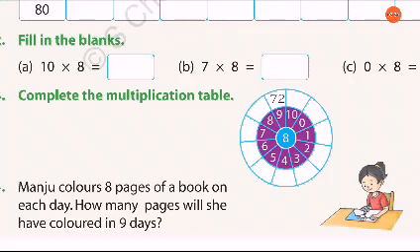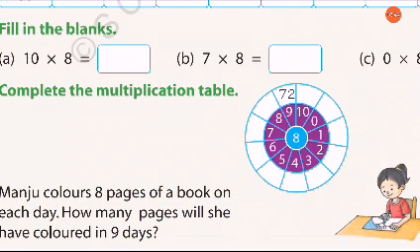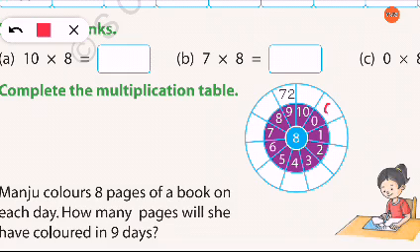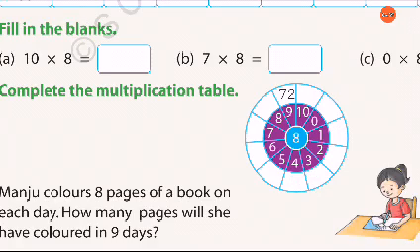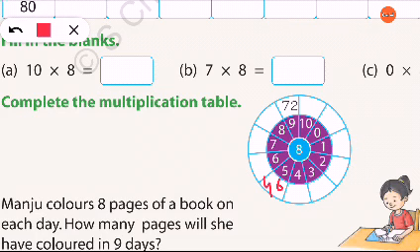We have to count the table of 8 and write it in the blanks. 8 0s are 0, 8 1s are 8, 8 2s are 16, 8 3s are 24, 8 4s are 32, 8 5s are 40, 8 6s are 48, 8 7s are 56, 8 8s are 64, 8 9s are 72, and 8 10s are 80.